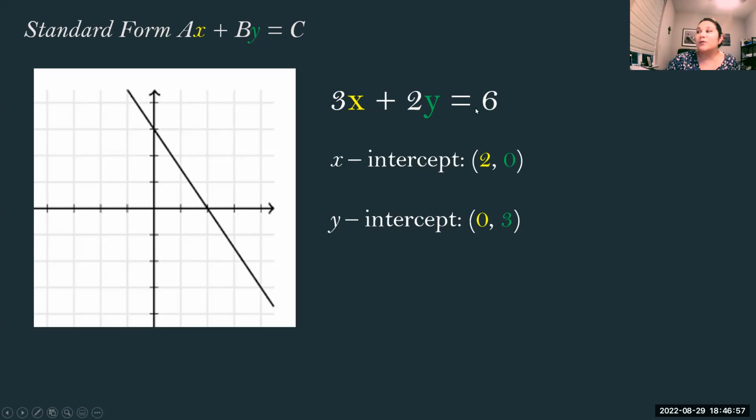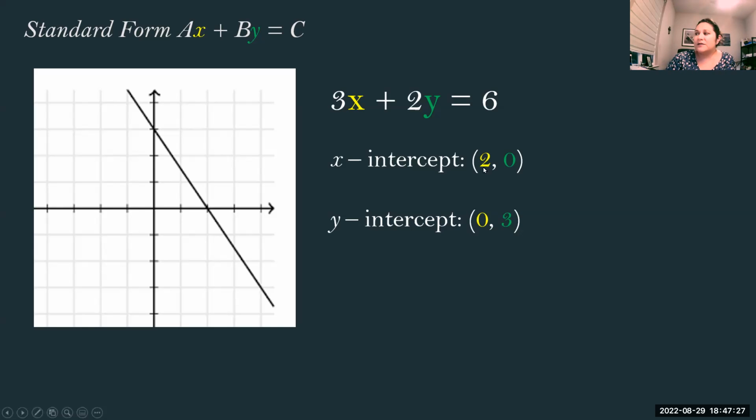So when it's written in this form, and this constant value can be divided evenly by the a and the b, it's not a lot of pencil paperwork to figure out the x and y intercepts. I'm trying to give you the ones that are easy to do in your head, just to get the concept that x-intercepts are when y is 0, and the y-intercept is when x is 0.